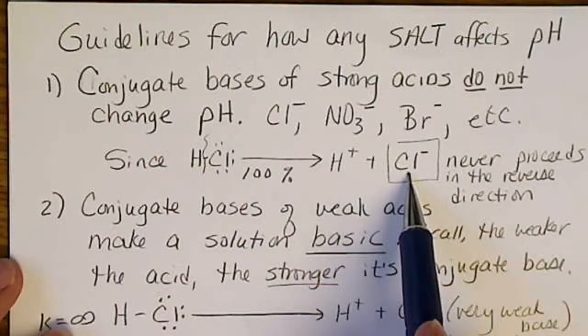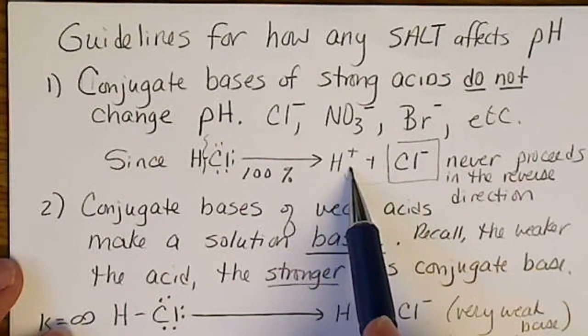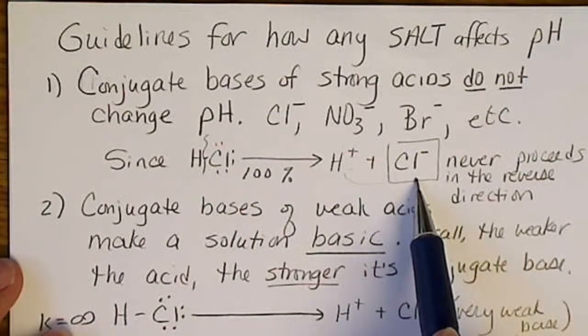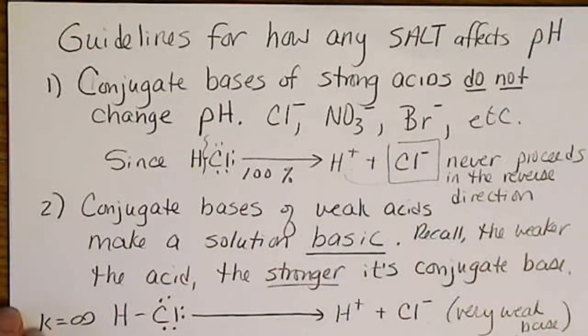That means the chloride ion is never going to react with an H plus and proceed in the reverse direction. So chloride in the presence of water will never behave like a base, even though it is the conjugate base of HCl.